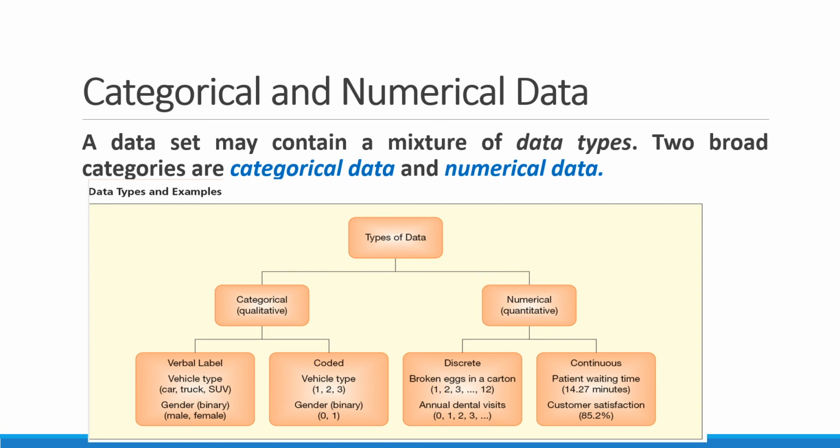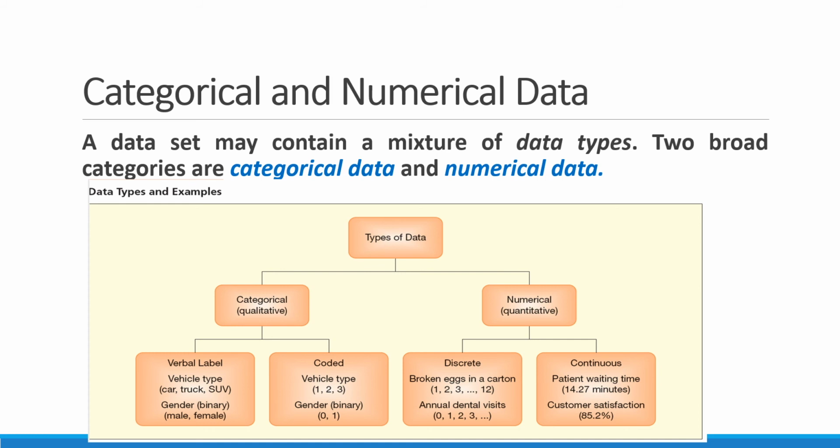For continuous data, fractions and decimal numbers are allowed. So this continuous data may contain the time the patient waited inside the clinic.